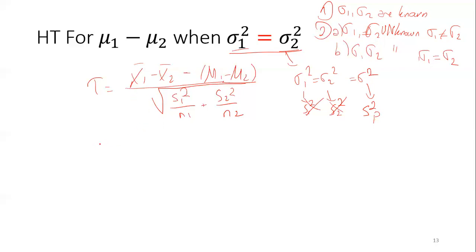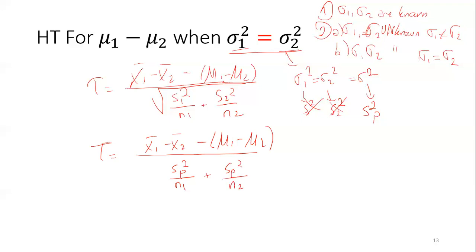So let me put that value here. This is equal to x1 bar minus x2 bar minus (mu1 minus mu2), divided by, so instead of s1 squared, I just put sp squared divided by n1, plus sp squared divided by n2. So what is next?